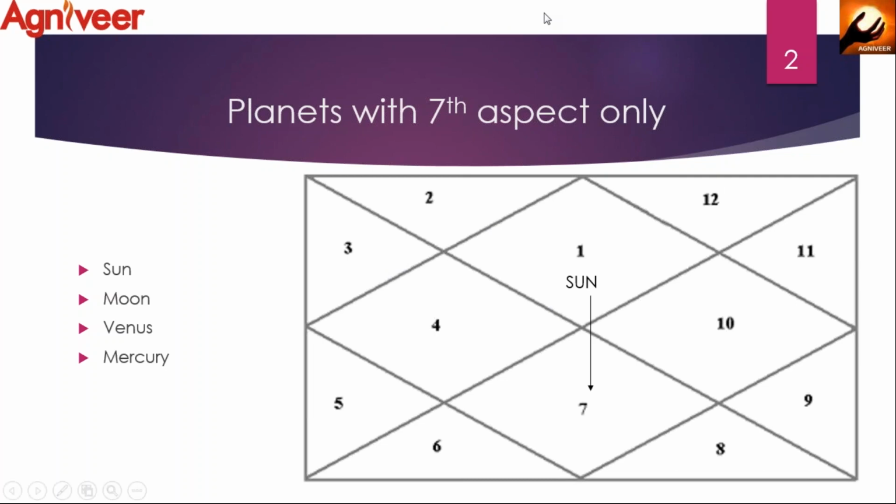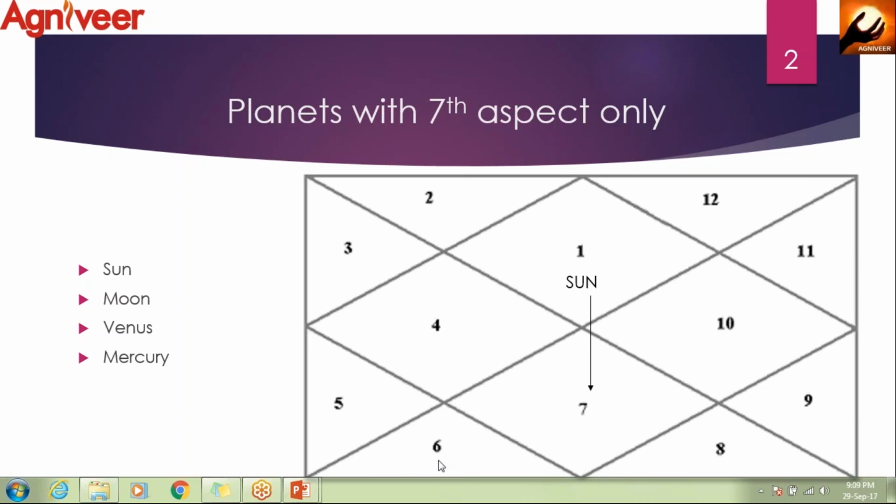So suppose if Sun is placed in the fourth house, where will it be aspecting then? Any comment on that? Correct, yes. 10th, directly opposite to itself. So that is the main concept of seventh aspect.